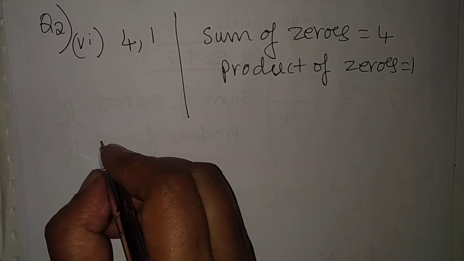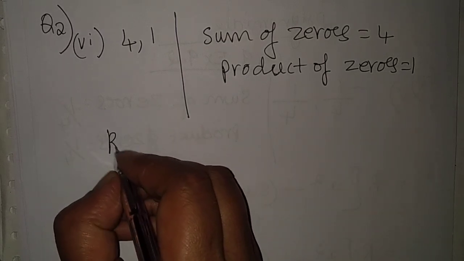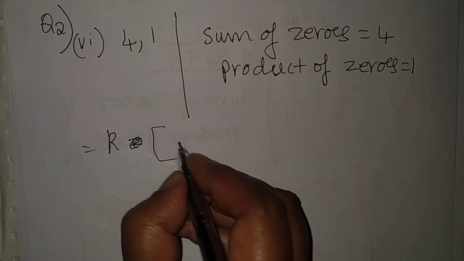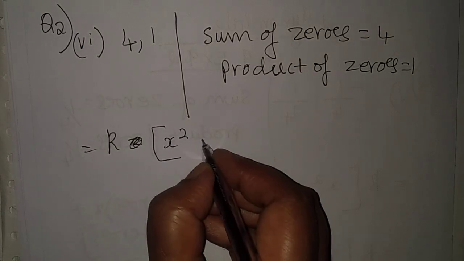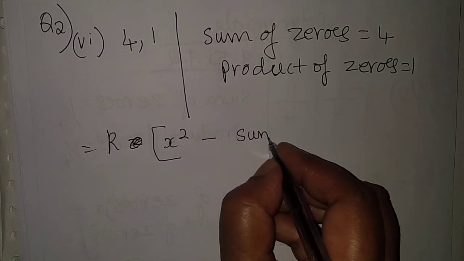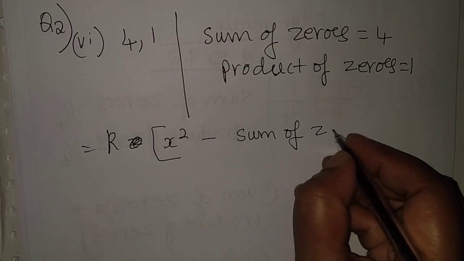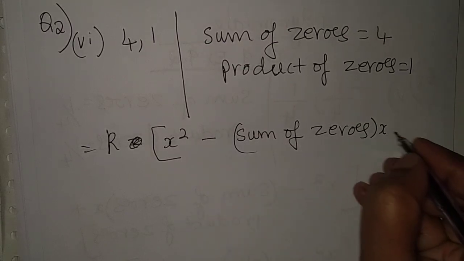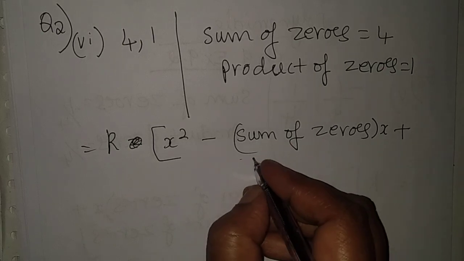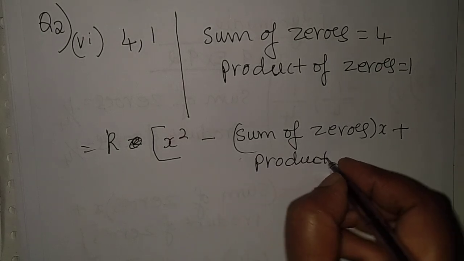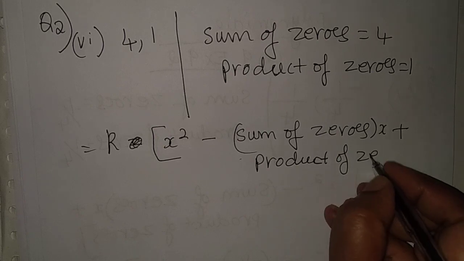Then substitute in the formula: x square minus sum of zeros into x plus product of zeros.